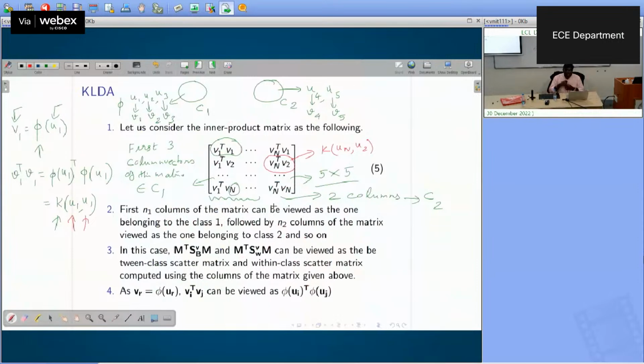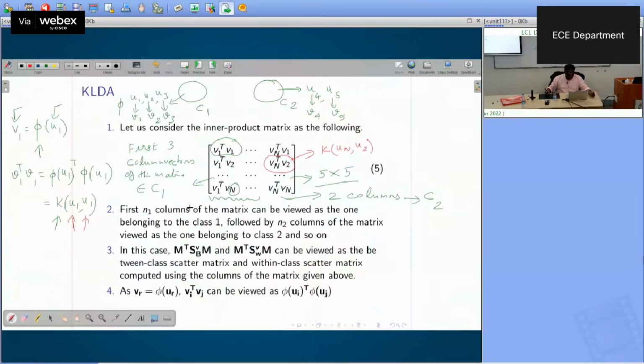In this particular example of 5 cross 5, the first 3 columns you treat as vectors belonging to class 1 and the remaining 2 as vectors belonging to class 2. If you are given multiple classes, the first N1 vectors belong to class 1, the next N2 belong to class 2, then N3 belong to class 3, and so on. This one I am telling is for the 2 class case. You got this point?